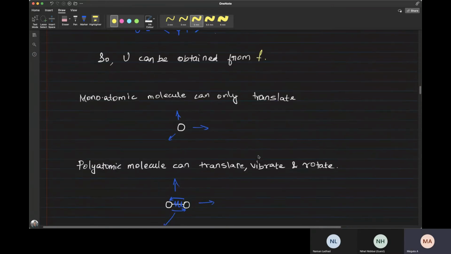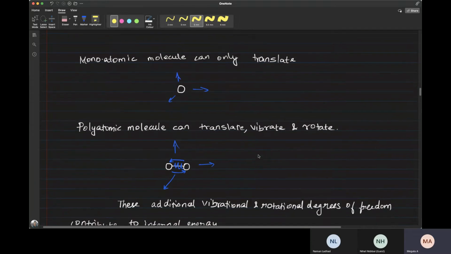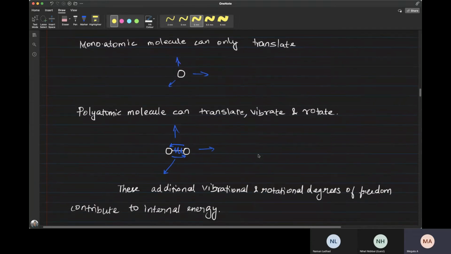So let's make further arguments. First let's consider monoatomic molecules. A monoatomic molecule can only translate in X, Y, and Z directions, whereas a polyatomic molecule can do all kinds of motions: translation, vibration, and rotation.